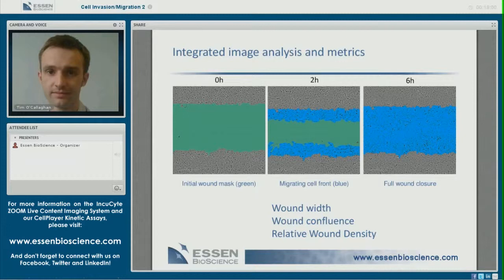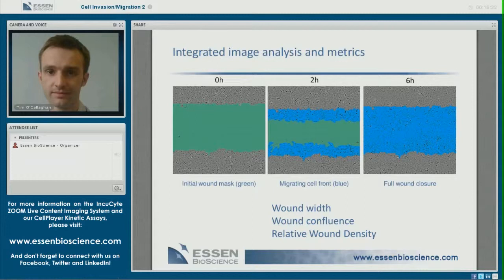The final metric, relative wound density, is a very robust metric, and this reports the cell density within the wound region relative to the non-wound region. It is a metric that starts at 0% at the start of the assay and tends to 100% following full wound closure.